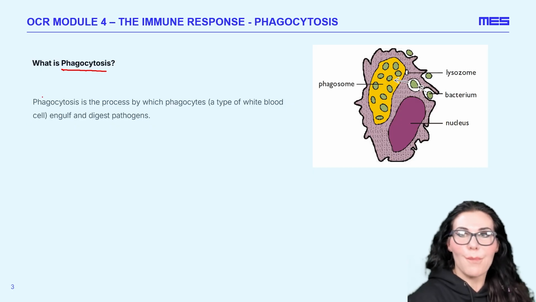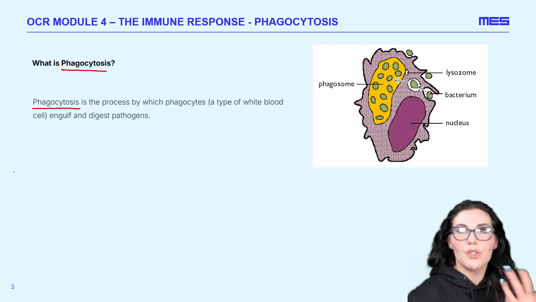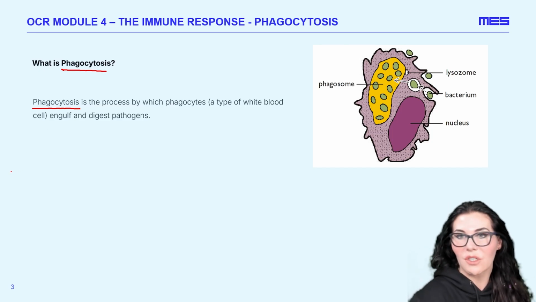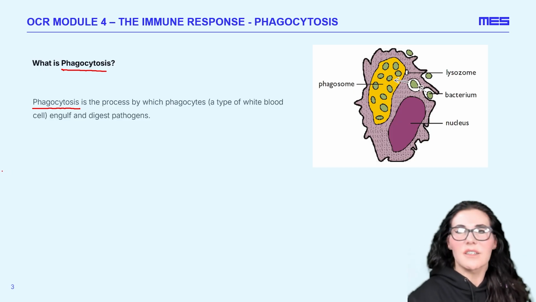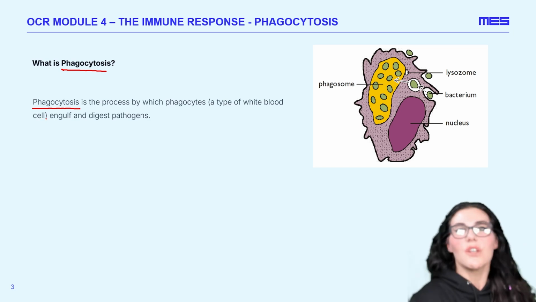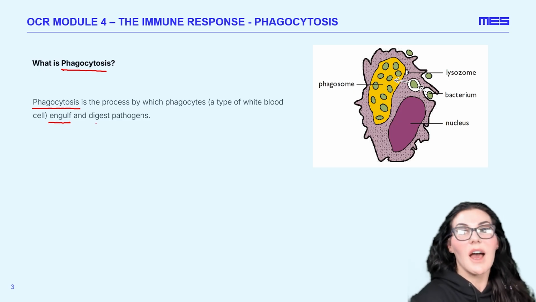Now, the first part of phagocytosis is that the phagocyte has to be attracted to the pathogen or attracted to cells that are invaded by pathogens. I'm talking viral infected cells here. And in doing that, by being attracted towards pathogens or pathogen infected cells, they carry out a process that we call engulfing and digesting.